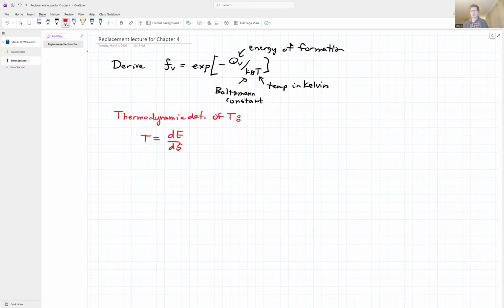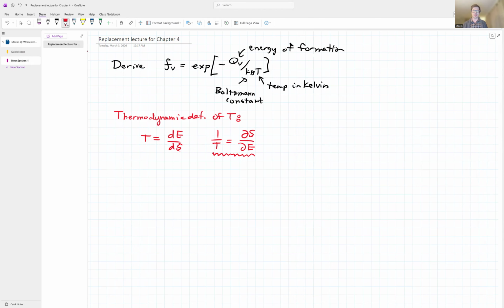Sometimes this isn't really a well-defined thing to do, and I think the more proper way to define it is in terms of the entropy function, which usually is a well-defined function of energy, and you take the inverse like that. So this is the usual kind of definition, but we will not be too rigorous.